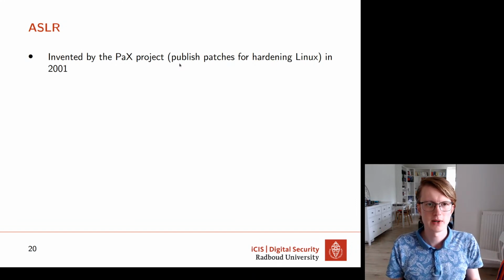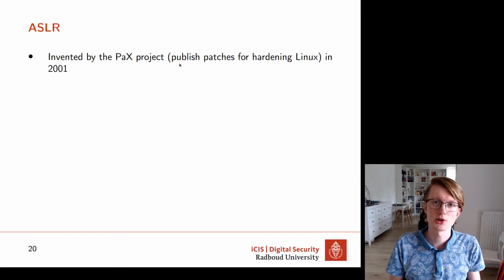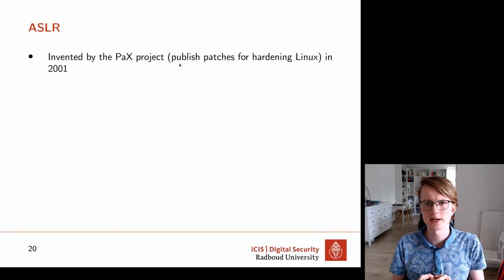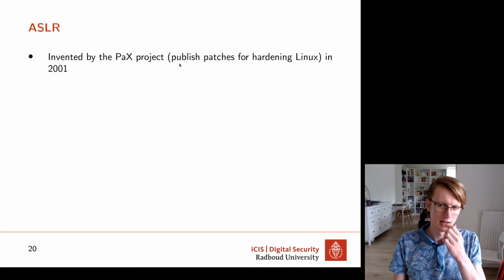It was invented by a bunch of anonymous people, actually. The PaX project, the author of which is anonymous. And they published a bunch of patches for hardening Linux. I think they still do. In 2001, they proposed ASLR.